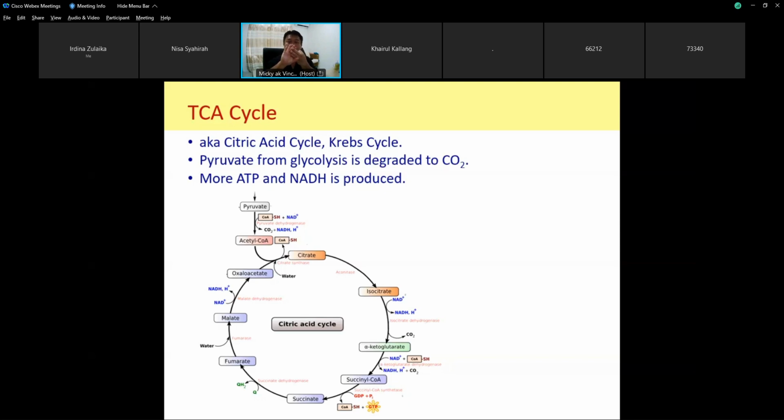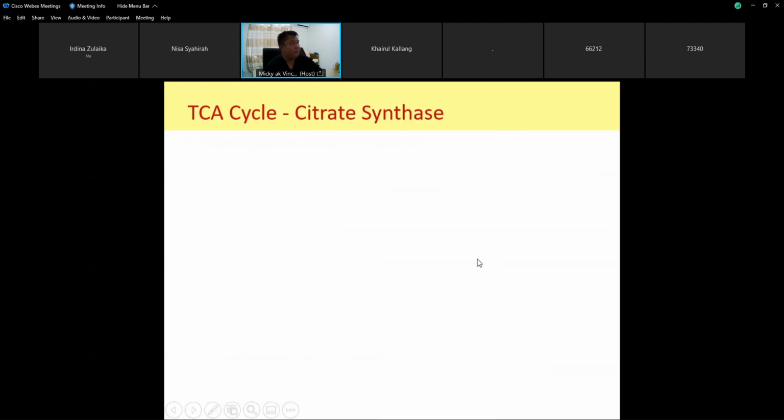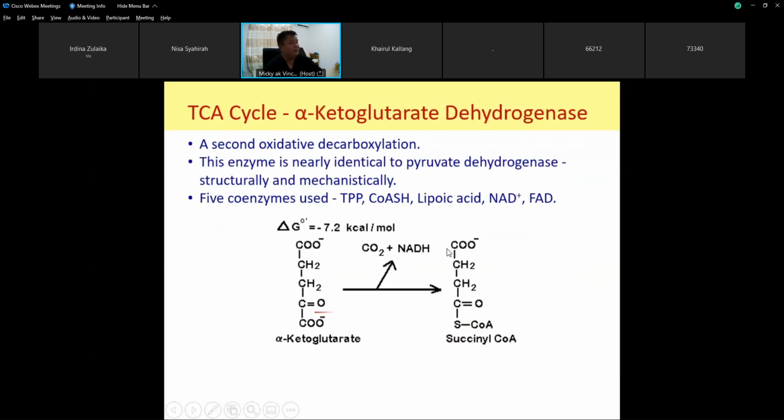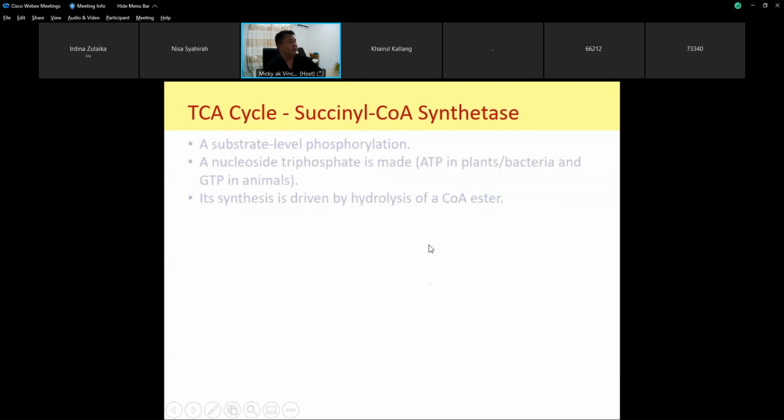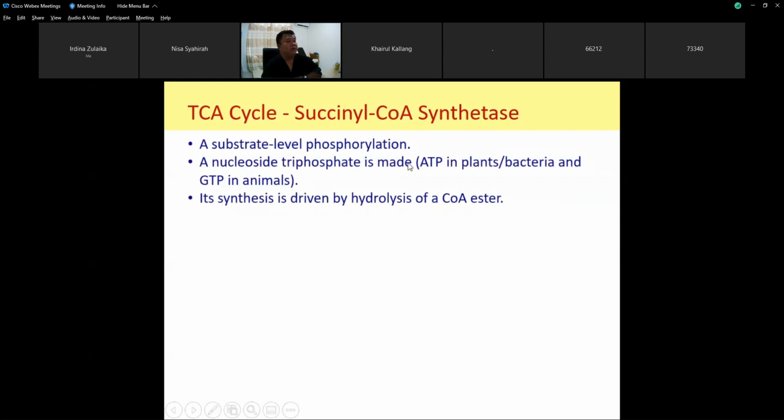So this is what is important, not the A or the G. Sometimes the A and the G are also important, but in most cases what is important is the phosphate. So human is GTP, plant and bacteria is ATP, right?